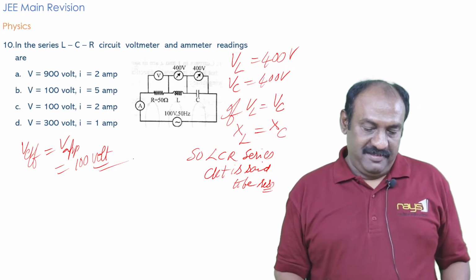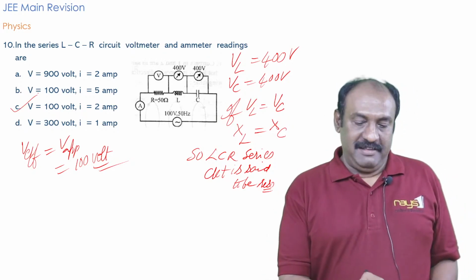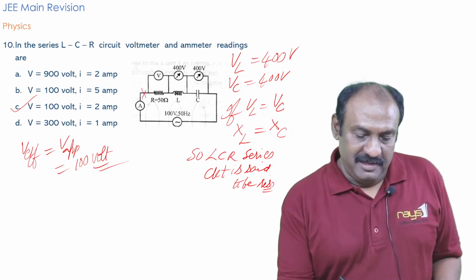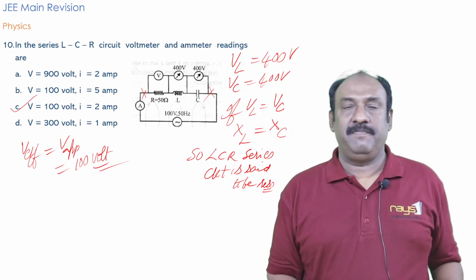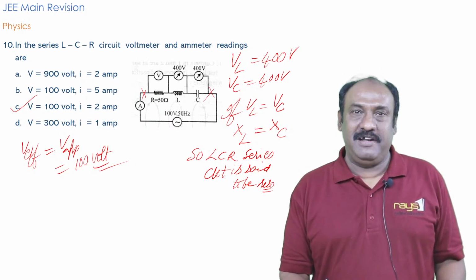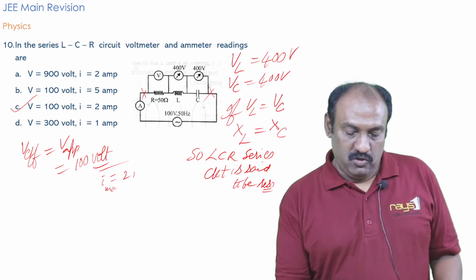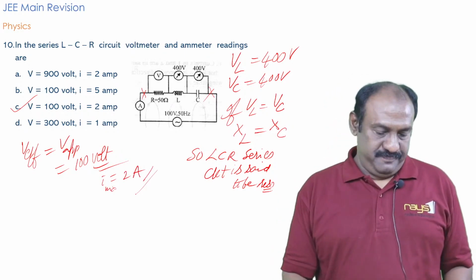So, the answer is 100 volt and 2 amperes: the effective voltage across the LCR combination at resonance is 100 volt and the current flowing at that moment is 2 ampere. So, the answer is C for question number 10.